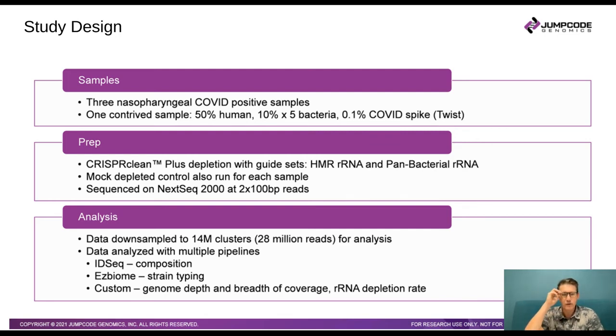And I'm going to show you data today that covers each of these types of analysis, and I'll point out each of these as we move through and what pipeline was used.